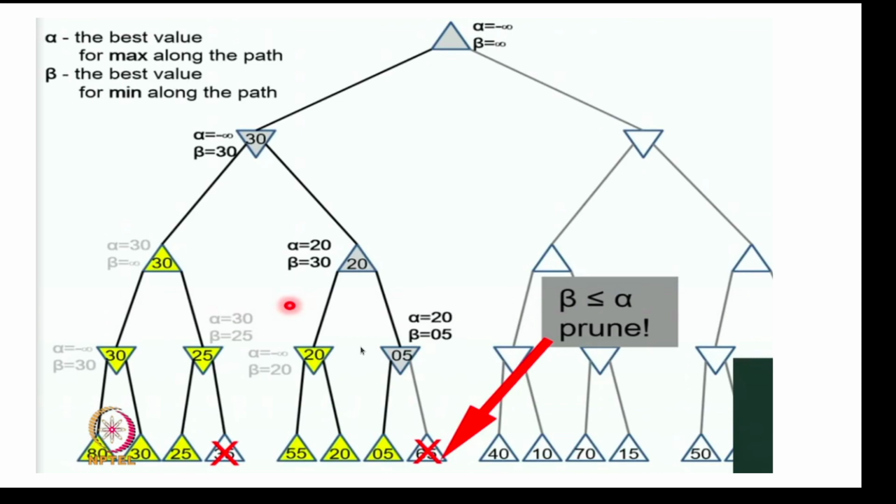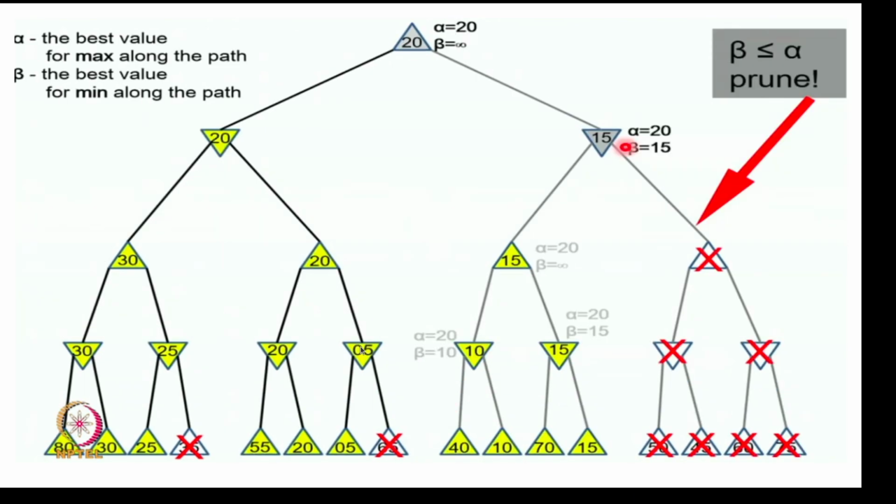Here also the situation is true where beta is less than alpha, and we are not going to explore those subtrees. If you go above, a similar situation also occurs at the 15 node, where alpha becomes 20 and beta becomes 15, and the condition is satisfied, beta lesser than alpha, and then you prune the whole subtree. So see, this is quite a large subtree, and you are not going to check it. So your time and space are both saved here.